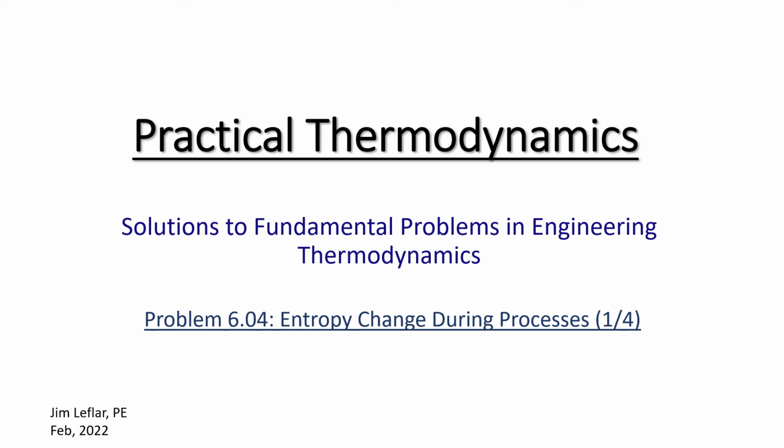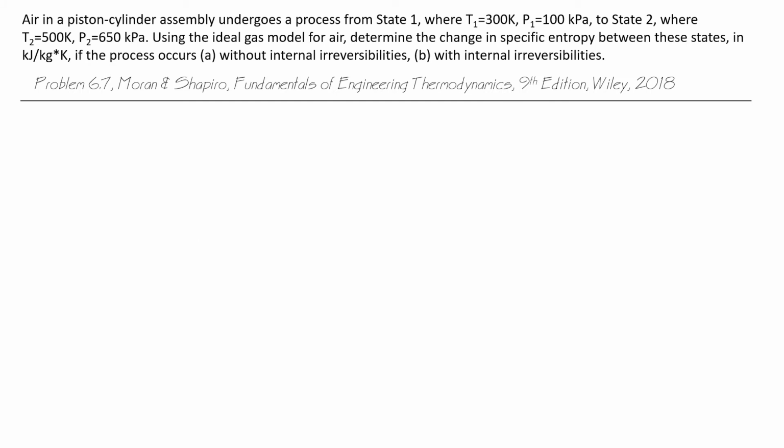Let's begin with the first of four problems that involve the entropy change that takes place during a process. Air in a piston cylinder assembly undergoes a process from state 1, where T1 equals 300 K and P1 is 100 kilopascals, to state 2, where T2 is 500 K and P2 is 650 kilopascals.